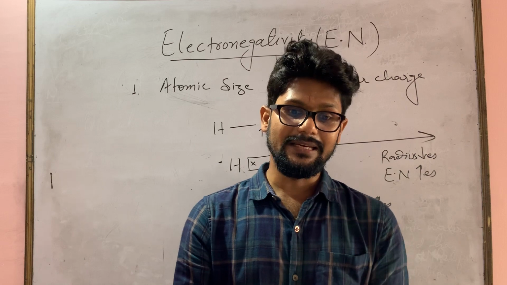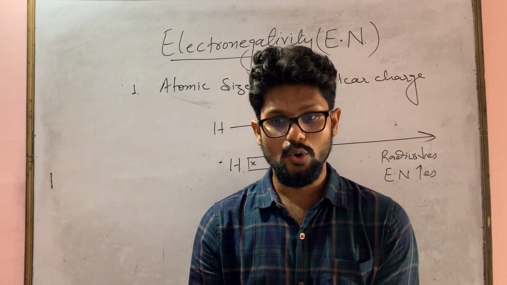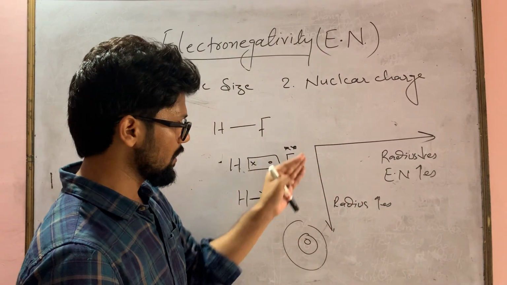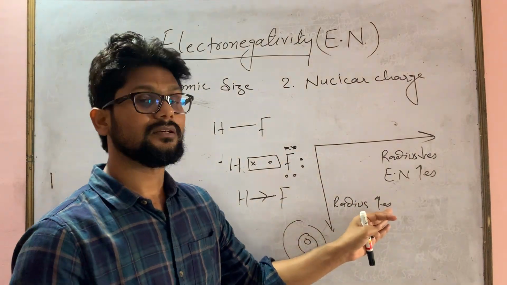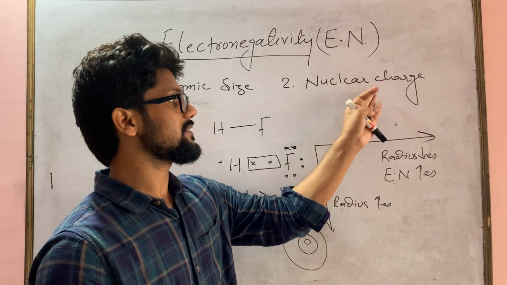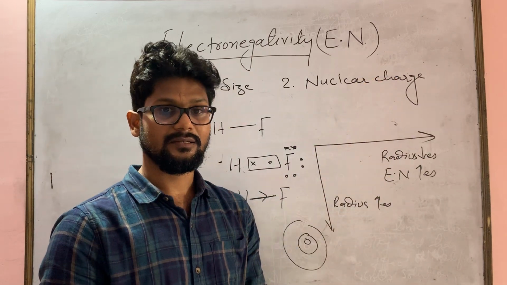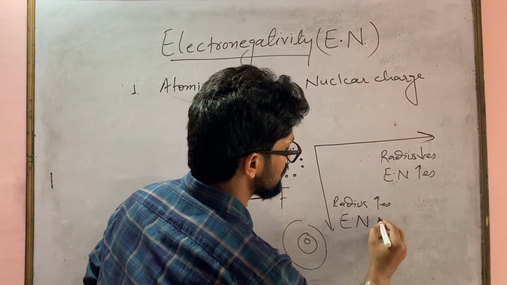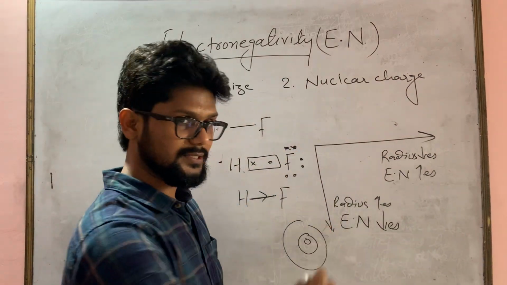So the conclusion is, as we go down a group, atomic radius increases, nuclear charge decreases, and electronegativity also decreases.